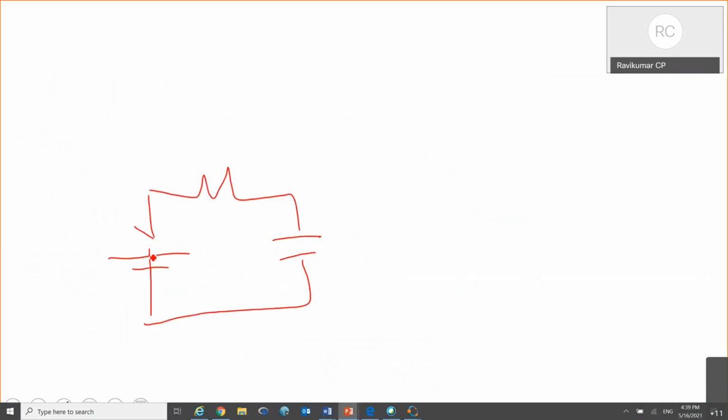There is some V DC source and there is a switch here, and I may want to know what is the current that flows in this RC circuit, or the voltage V here, something like that.